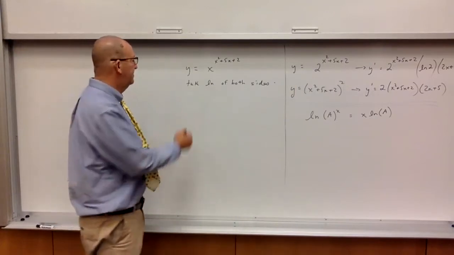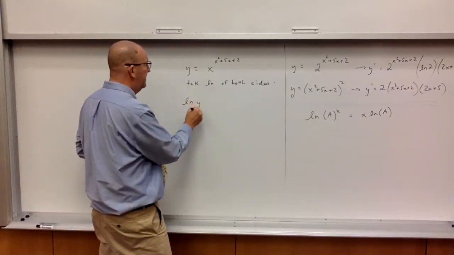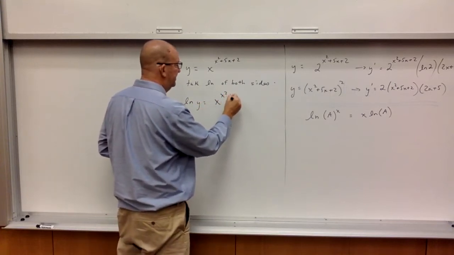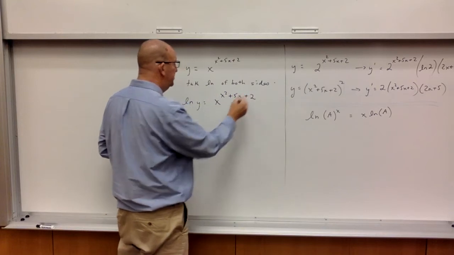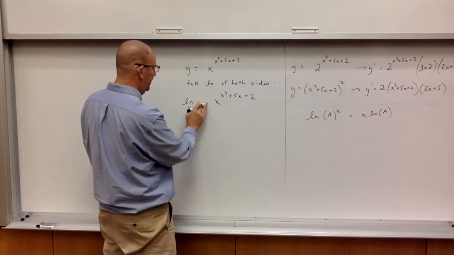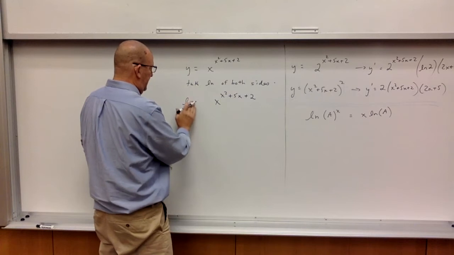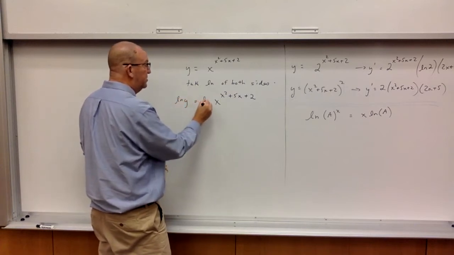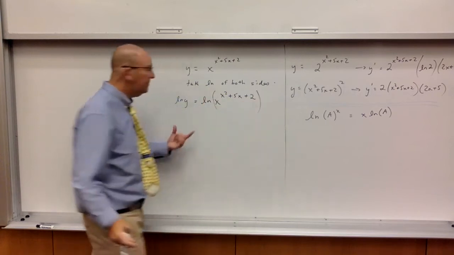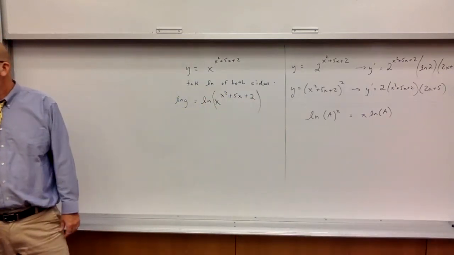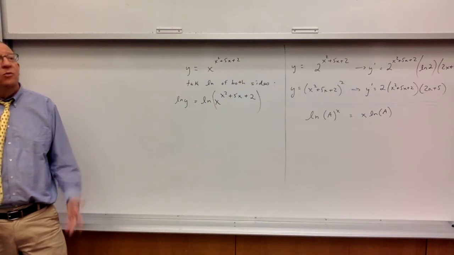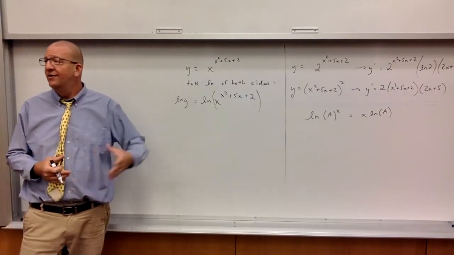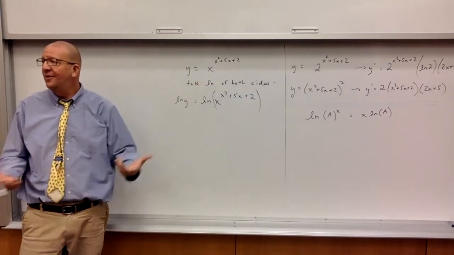So look what happens. Natural log y equals the natural log of x to the x squared plus 5x plus 2. Well, now, using your pre-calculus knowledge, what happens to the exponent on the right?